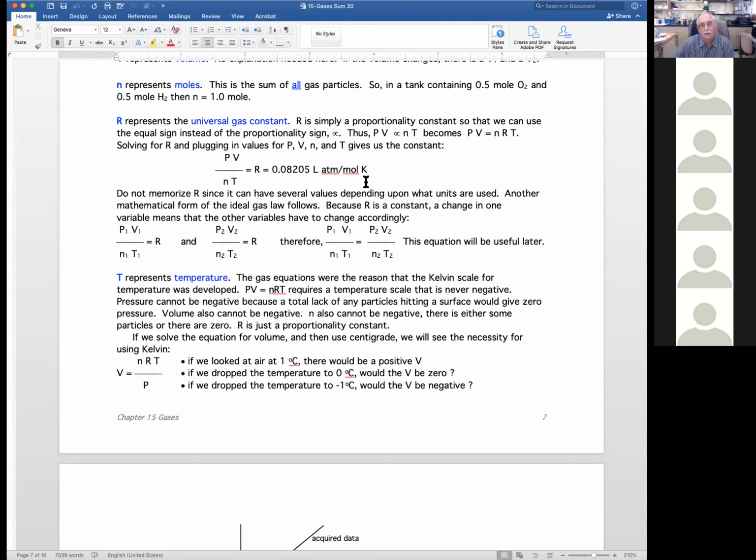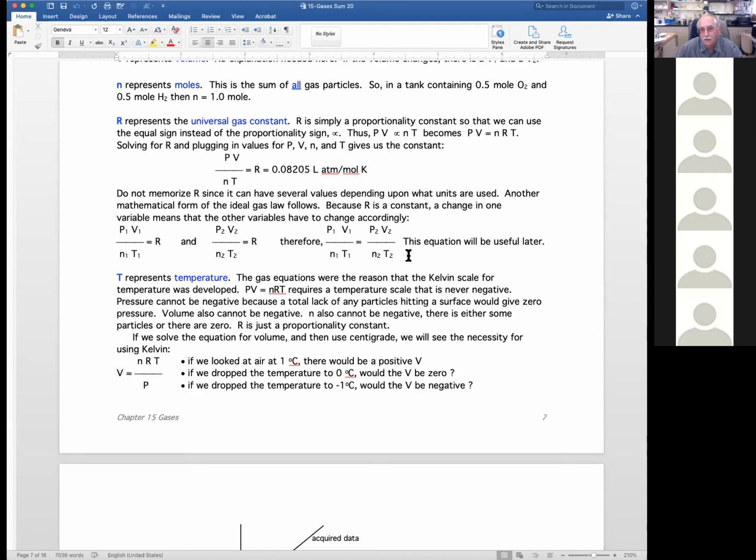And so that means if this is a constant, what if I say set of conditions 1, I do the math, I get this constant. Then set of conditions 2, I do the math, I get that same constant. If this is equal to R and this is equal to R, therefore this is equal to this.